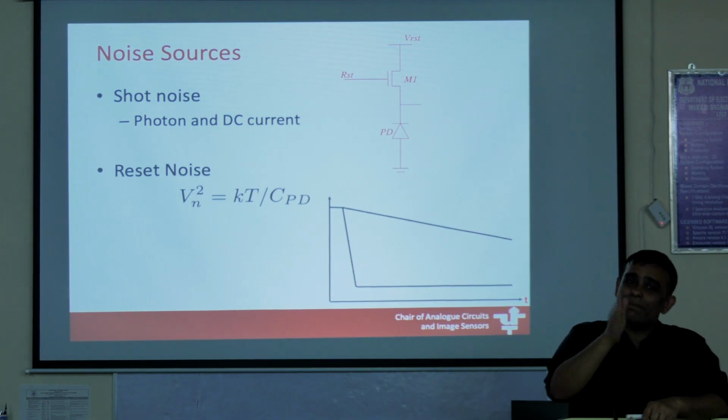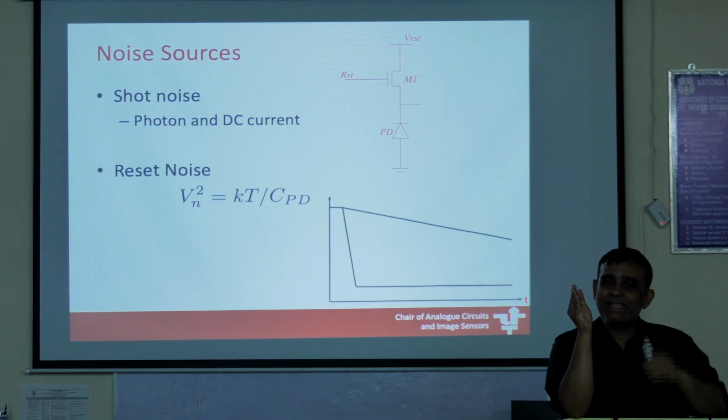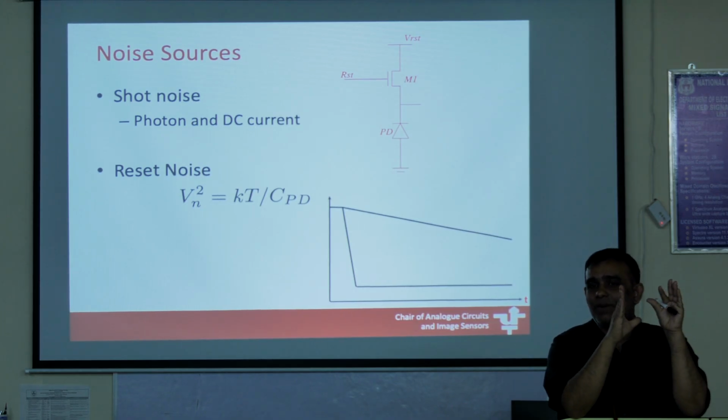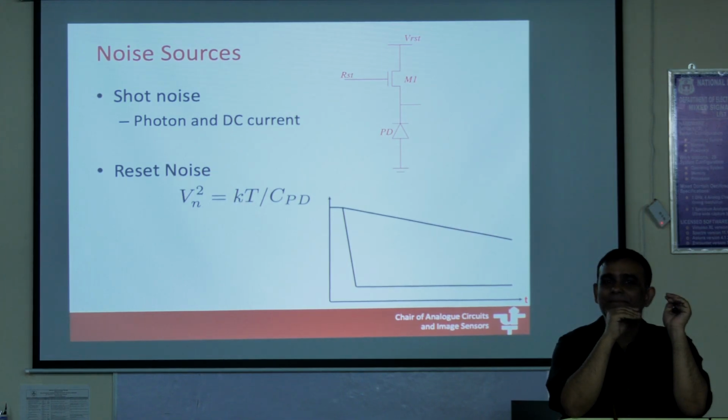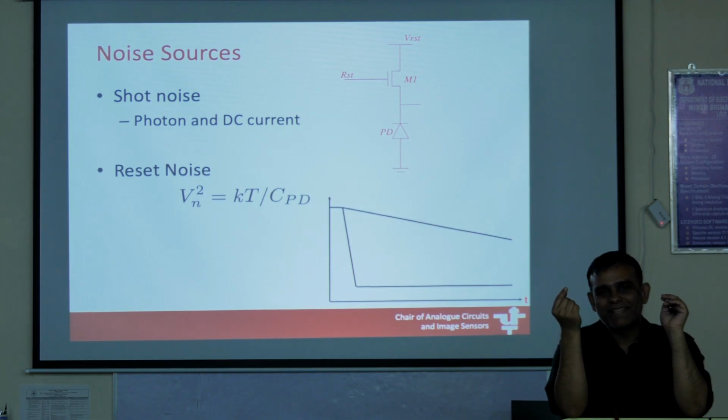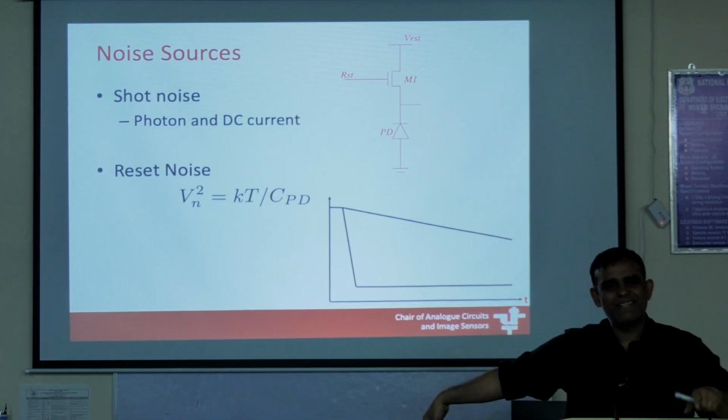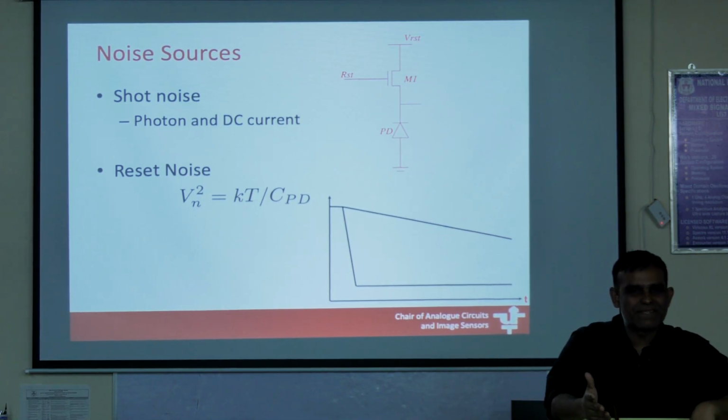So I need to take 20 pictures per second, which means in what time should I be able to take one picture? 1 by 20, which is 50 milliseconds. So we are actually operating each pixel at 20 hertz. 20 per second. We're not very high frequency people. Overall also, the ADCs operate at 110 kilosamples per second. Again, not very high frequency.